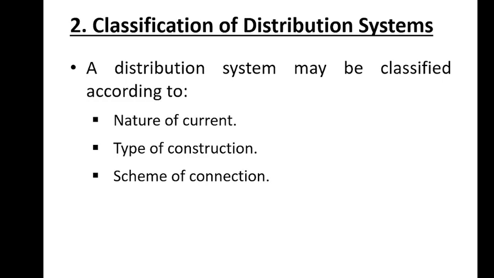And finally, distribution systems are classified according to the scheme of connection, which defines the network configuration, such as radial, loop, or network systems. Understanding these classifications helps us in designing efficient and reliable distribution systems for specific load requirements and operational conditions.